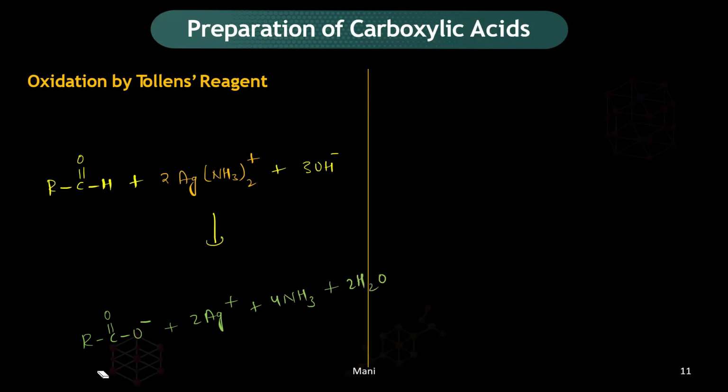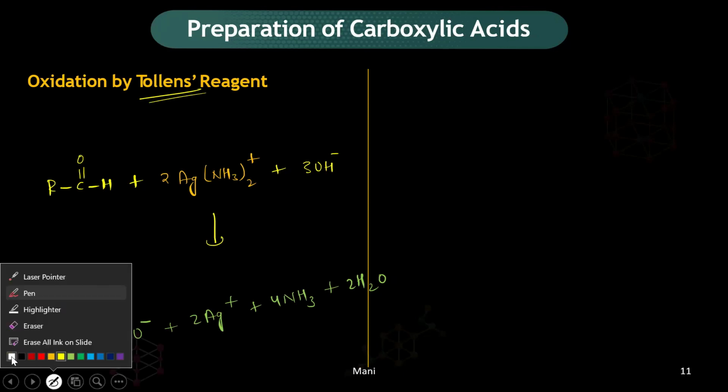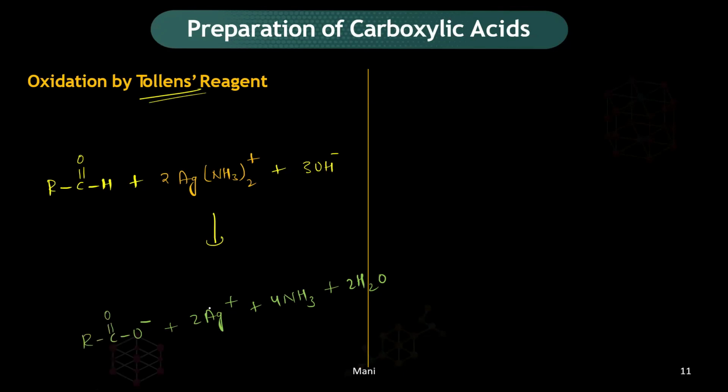Here, can someone say what color will appear when you use Tollens reagent? Yes, it will make a silver mirror at the bottom of the test tube.